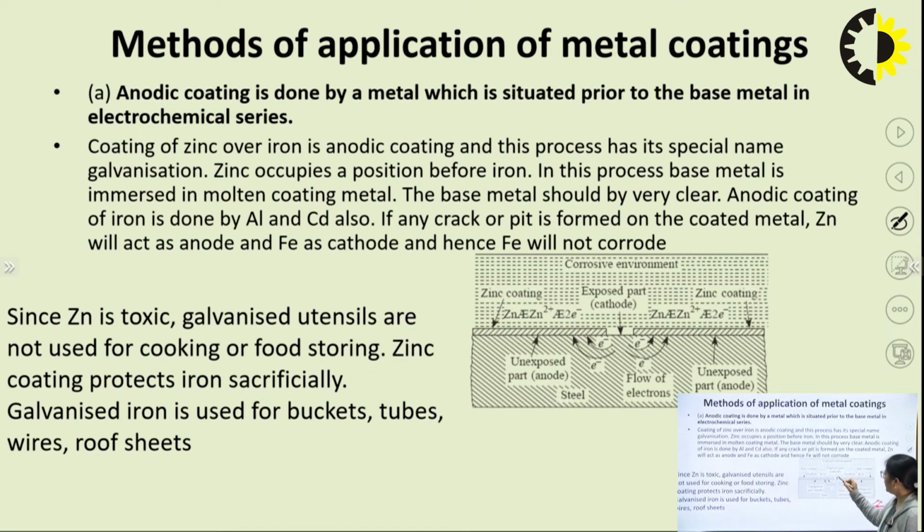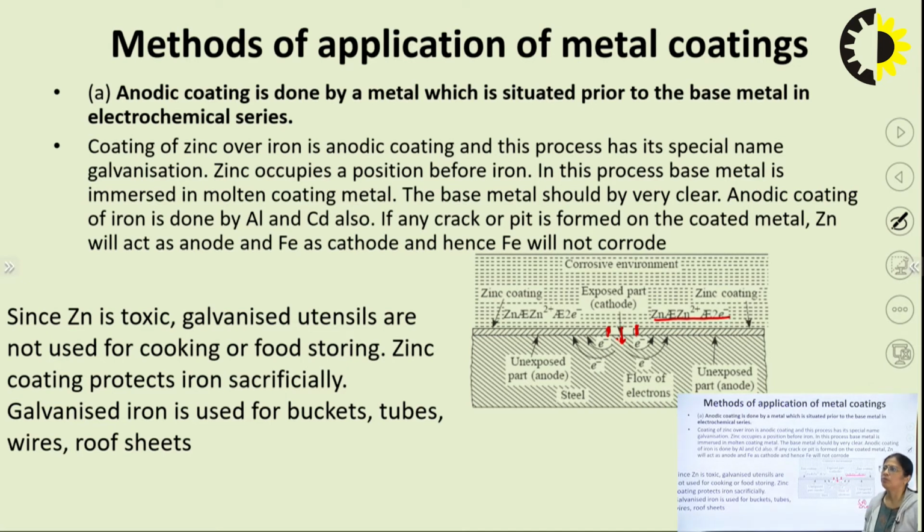Even if it is getting exposed, here you can see that the coating is broken down. Even then, the metal is functioning as cathode, whereas this is a corrosive environment and our zinc is just getting oxidized and releasing an equivalent amount of electrons.